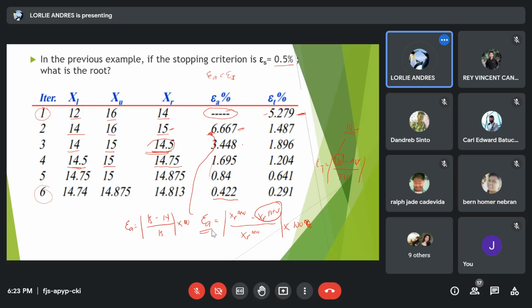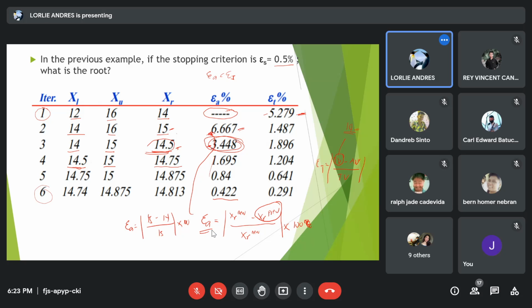Then, diri na pod, pagkuha ni mo aning 3.448, mao ni siya pagkuha: 14.5 minus 15 divided by 14.5.